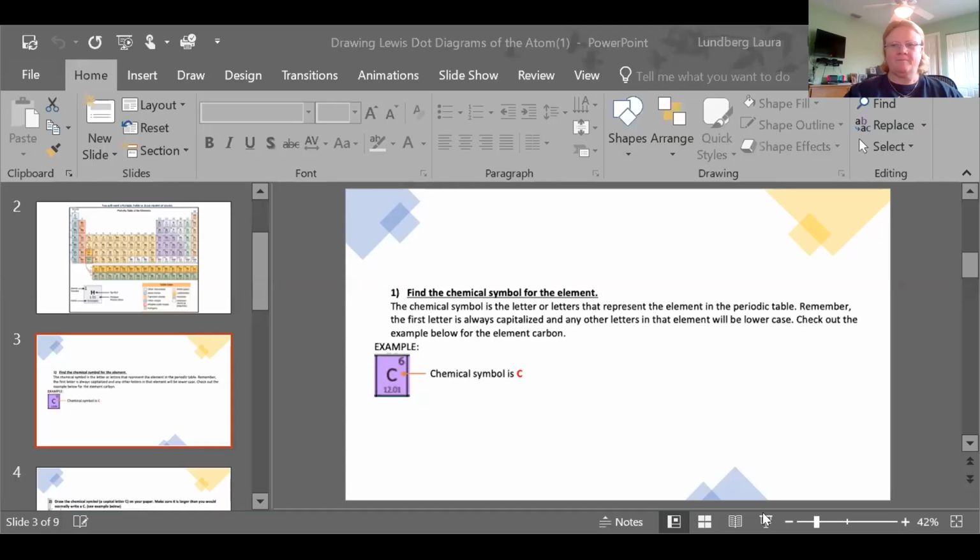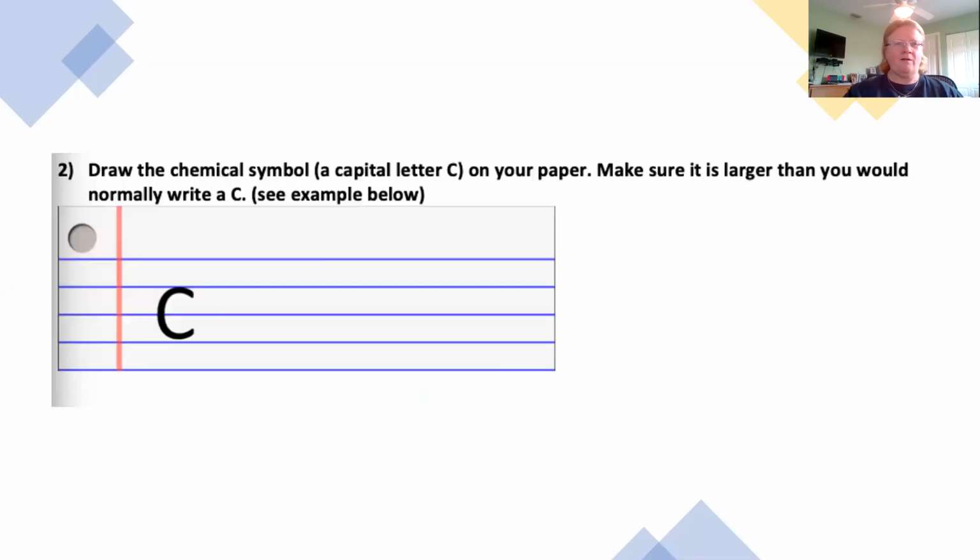All right, so what do we do now? We go back to the PowerPoint. Now that we know the chemical symbol C, the second step is to write that capital C on your paper. Notice I'm asking you to make it a little bit larger than you would normally write the C. So if this is your notebook paper, instead of just taking up one line, take a couple of lines of space.